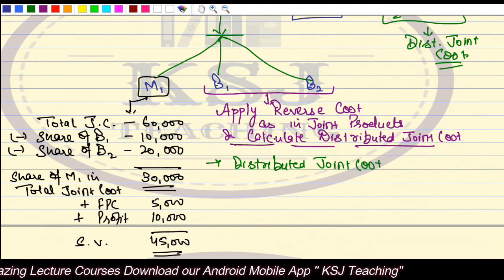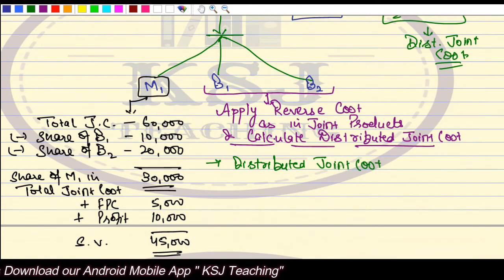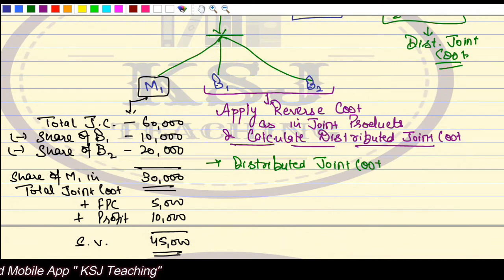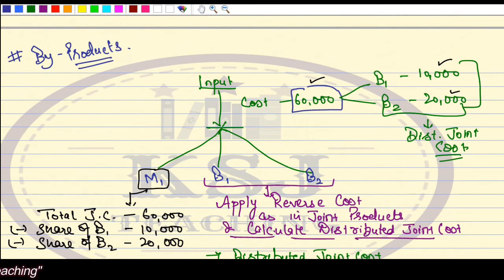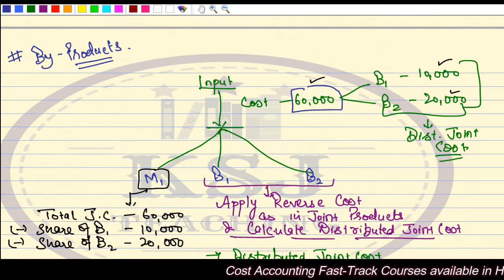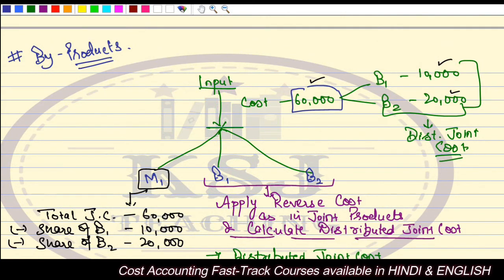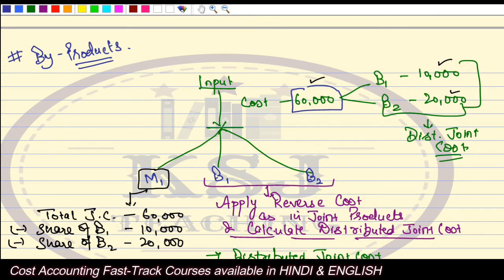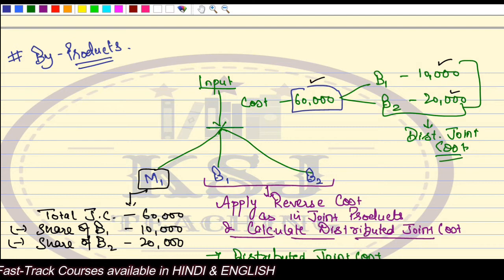First, consider the byproducts B1 and B2. Apply the reverse cost method and get the distributed joint cost. That means the share of B1 and B2 in the total joint cost. This is what you know as the distributed joint cost. Clear?